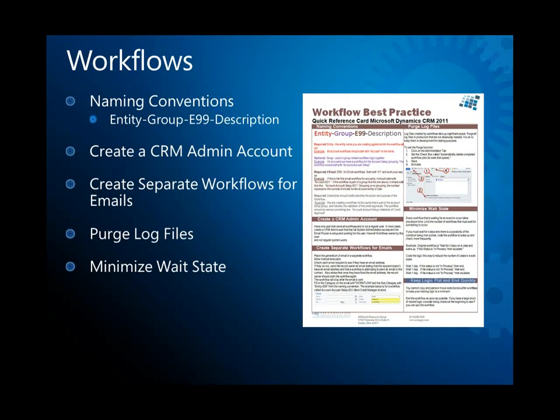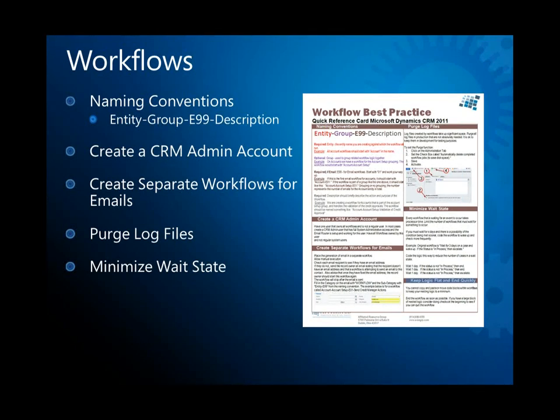But the problem is if I have 30,000 email contacts in the system, I have 30,000 workflows waiting all the time. What does that mean? It means every minute or so, Microsoft CRM wakes up in the background and goes, what should I be looking at? And there's 30,000 things: is this one still waiting? Is this one still waiting?